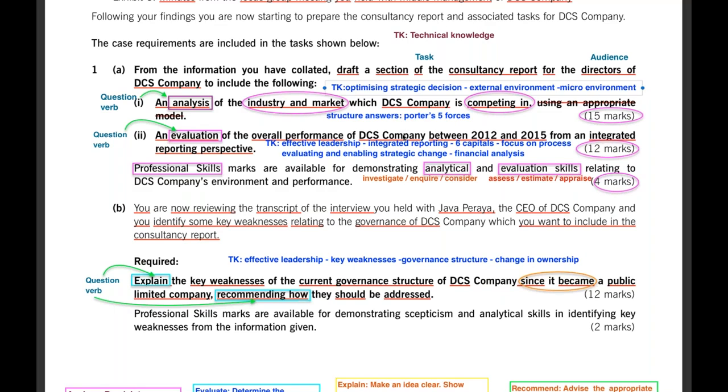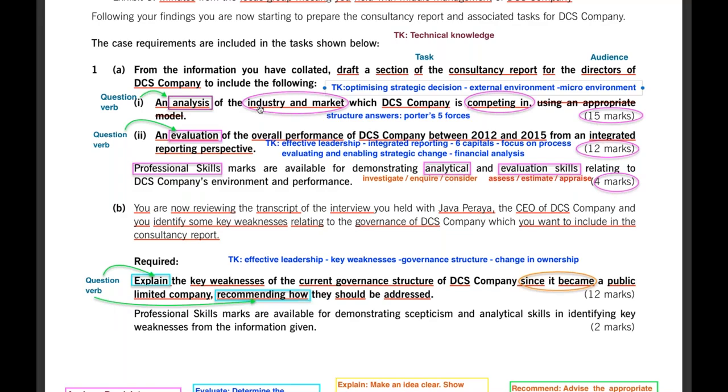So optimizing strategic decisions is what you have already covered yesterday. Under optimizing strategic decisions, as you retrieve and cascade it down, the syllabus area is dealing with the external environment. Under this external environment, you have the macro and micro environment.